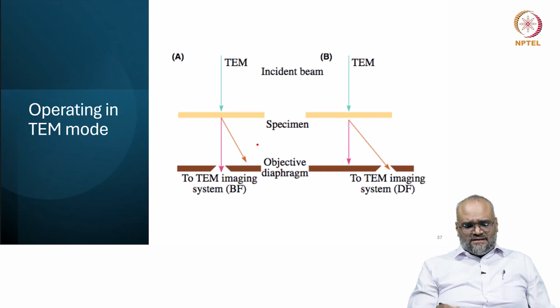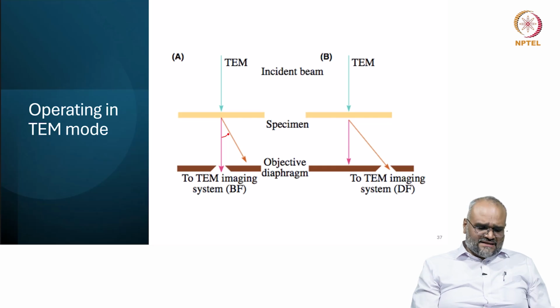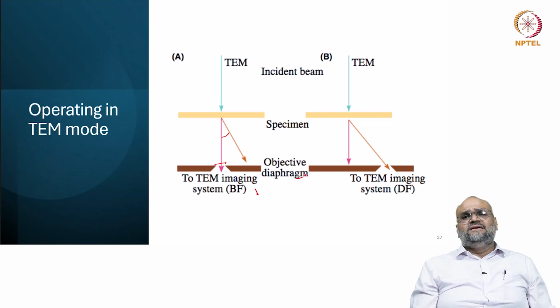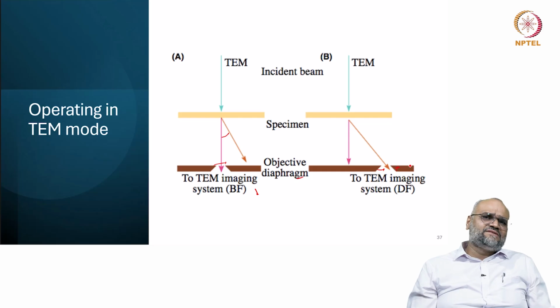Typically, when your angle of scattering is satisfied by the Bragg condition, which is dependent on the crystallinity of the specimen, by either choosing the beams in and around the central beam or the direct beam, you can improve the contrast by inserting a diaphragm or the objective aperture, and by choosing the beam that is deviated at a specific angle of scatter as a consequence of the change in the diffraction conditions.